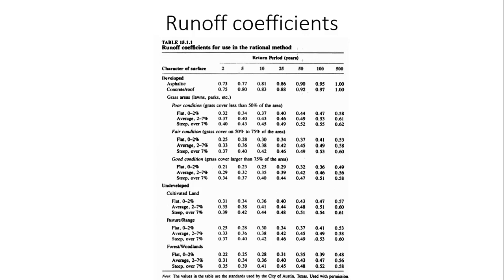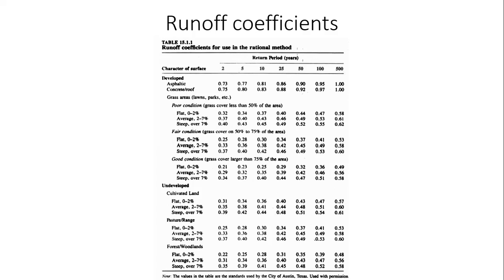Even if you assume that the urban area is not changing at all over time, by virtue of the fact that when the return period increases, the rainfall intensity will increase. And if rainfall intensity increases, your time of ponding decreases. If time of ponding decreases, then you have more runoff. So that's something you can visualize.